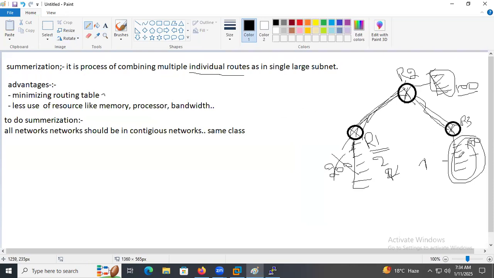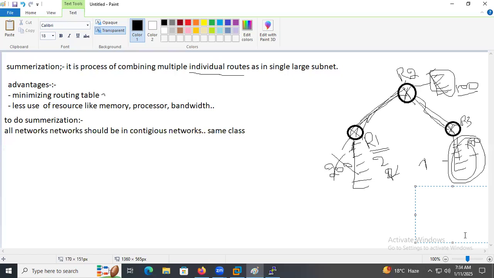For example, in router 3 we have 10.0.0.0/24, this one is 10.0.1.0/24, this one is 10.0.2.0/24, this one is 10.0.3.0/24.